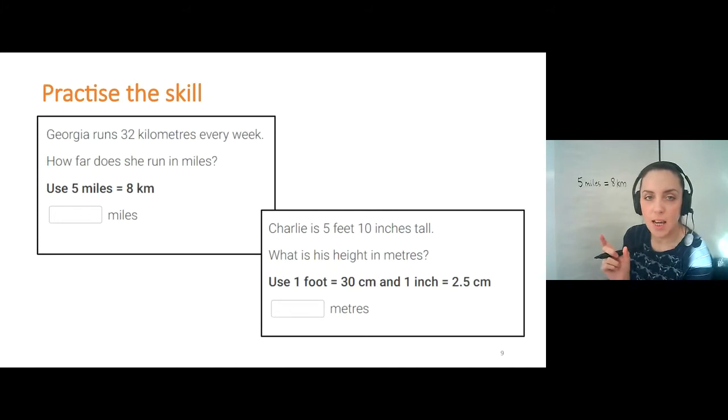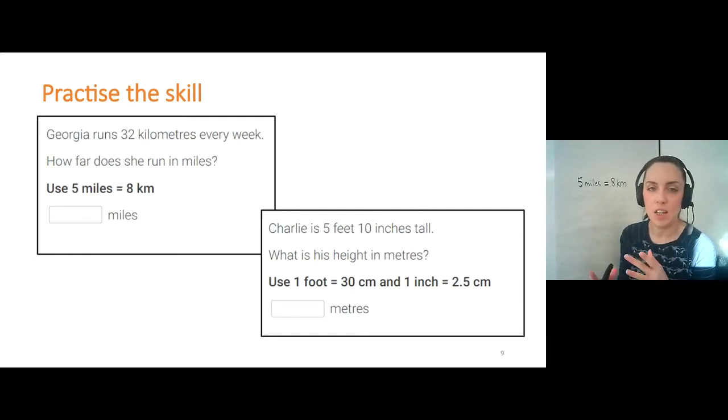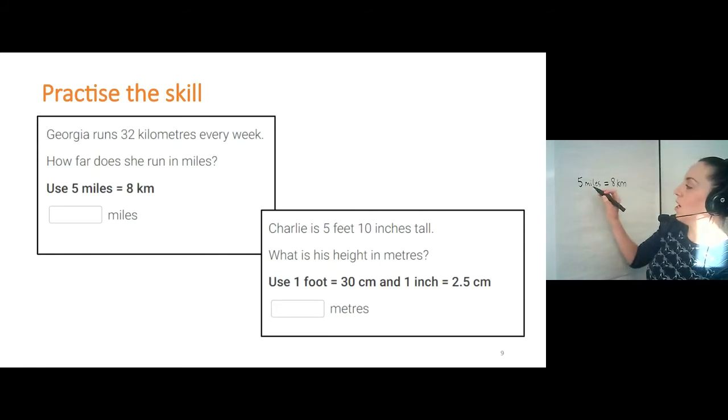When we looked at scale the last 2 weeks, we were finding out the rule for scale, and then figuring out by how much we need to go up and down. This is just the same. You can use that method to convert anything at all. So here we've been given a rule of 5 miles is equal to 8 kilometres.